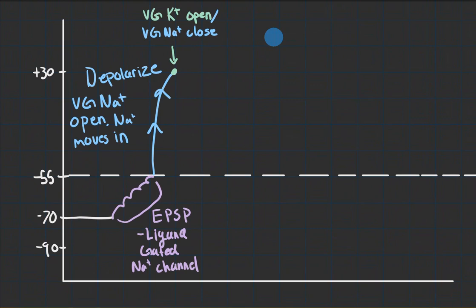So if we're able to record, again, the potential across the entire axon, what we would see is a very quick drop in membrane potential. And this, again, is called repolarization.